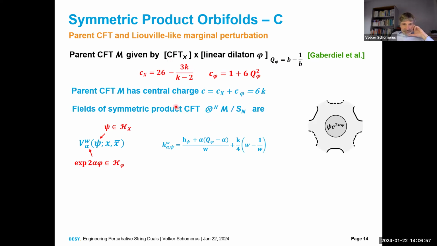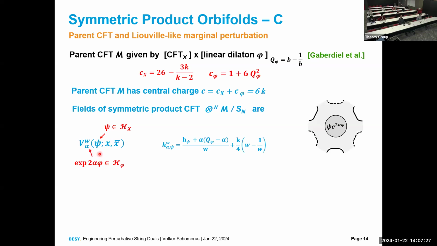Now, in this theory, comes this notation that I wanted to explain. Of course, you have fields. You make a choice of a state or field in this CFT X. I call that psi, and then you can upgrade that to a field in your symmetric product orbifold, and that's this notation here.